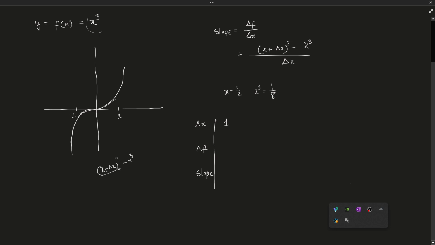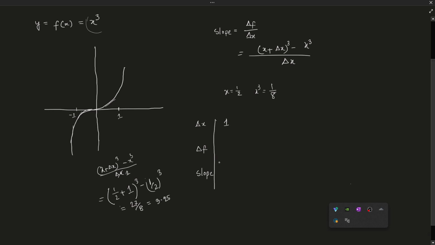That was our formula. So it will be half plus 1, as we have declared x is half and del x is 1, so 1.5 whole cube minus half whole cube. This will be 27 by 8 minus 1 by 8, which is 3.25.